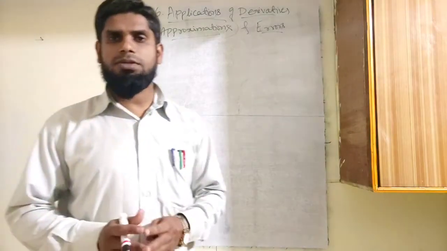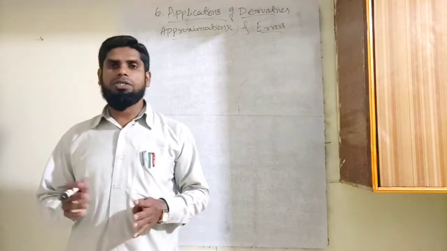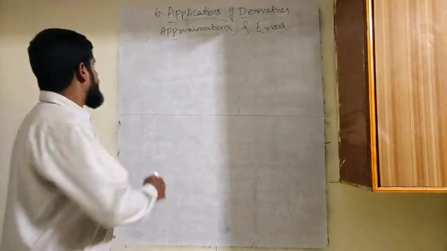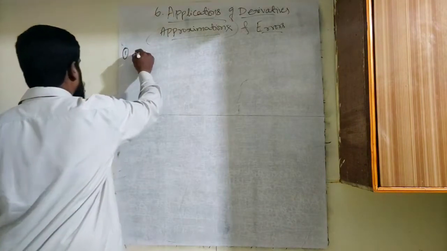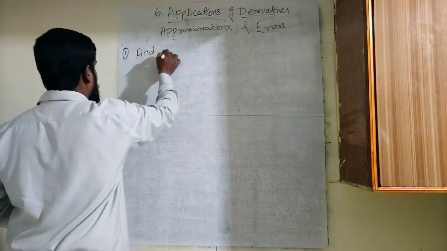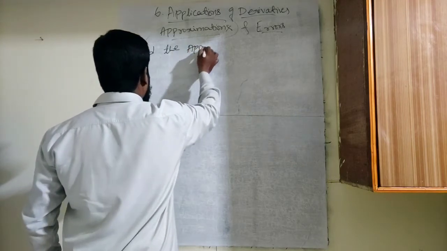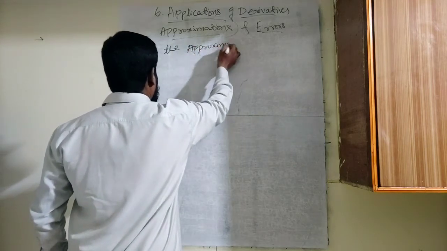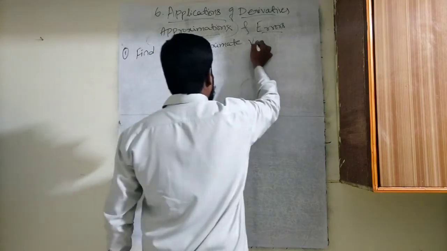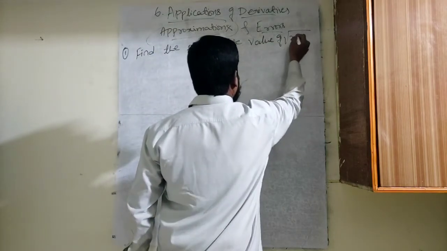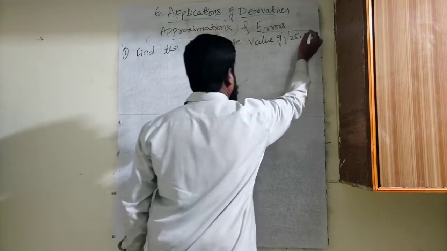After the basic concepts of approximations and error, let us move towards the problems. The first problem is: find the approximate value of root 25.3.